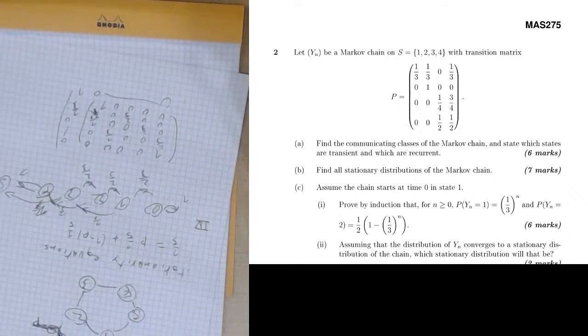That could be a question like, there's a stationary distribution for which pi2 is given by half, and I'd ask you, please tell me what pi4 is. We had this formula with pi2 is alpha, and pi4 is 3/2 times 1 minus alpha, 3/5 times 1 minus alpha. So you just have to fill in the fraction. That's one way of doing it. Prove by induction. Probably this one would be a multiple choice, so you wouldn't have to do the induction, lucky you.